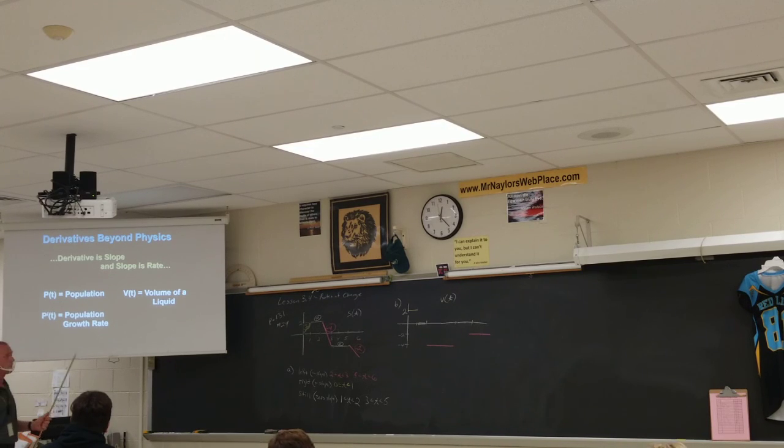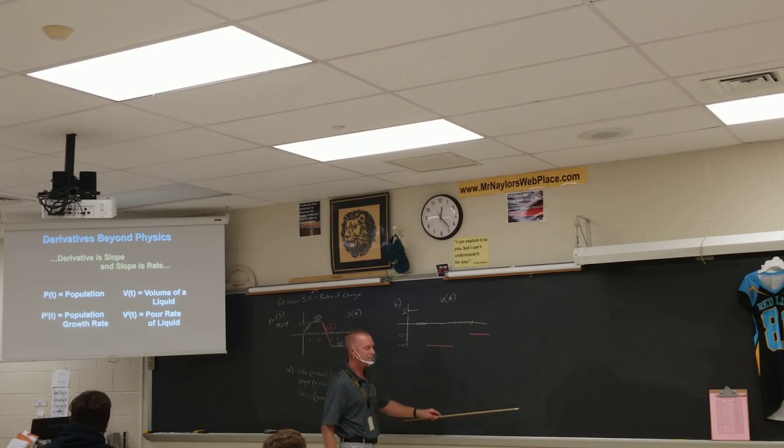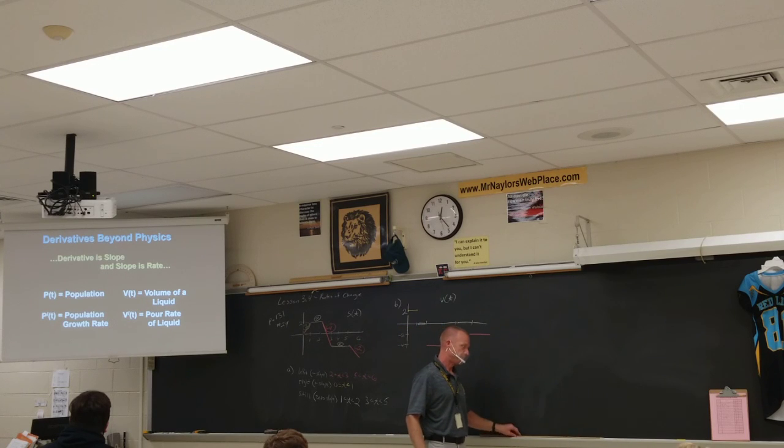As soon as you do the derivative of volume, this is the neat part, you're going to get a volume rate. You're going to get how fast the water's coming out of the spigot. Now it might change, it might not change. It depends on what factors. Derivatives give you rates, and they can give you a rate of any consumption.